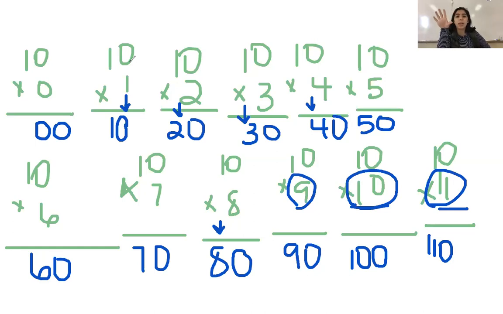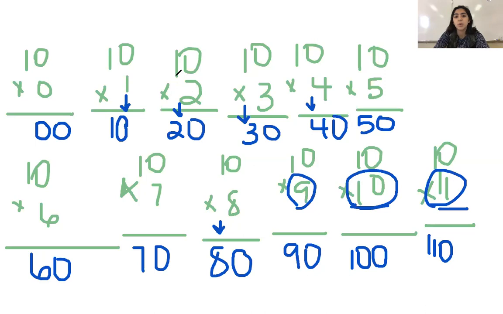Anytime you multiply a number by 1, the 1 is like a mirror, and it'll tell that number who it is. So the 1 acts like a mirror, and it tells this 1 that it is a 1. And then it'll do the same for the 2.